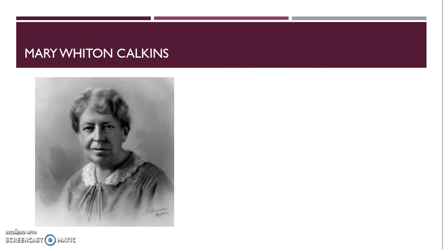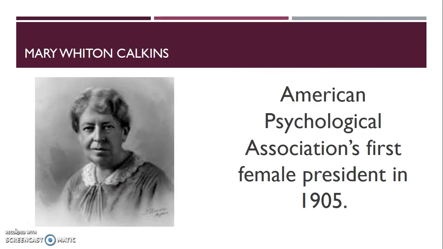Another early psychologist thinking about the mind's functions was Mary Whiton Calkins. So in 1890, William James went against Harvard's president by admitting Mary Calkins into his graduate seminar. All the male students in James's seminar then dropped out of the program because they didn't want a woman to be in the program.